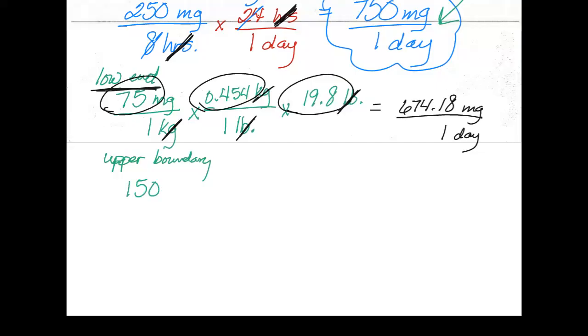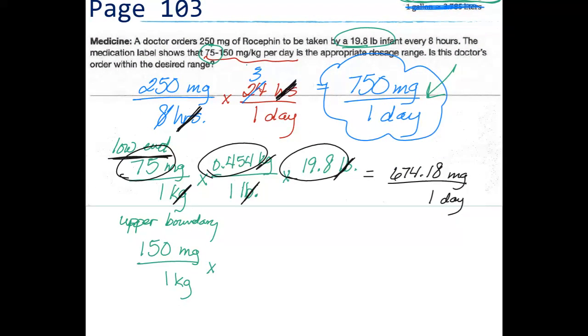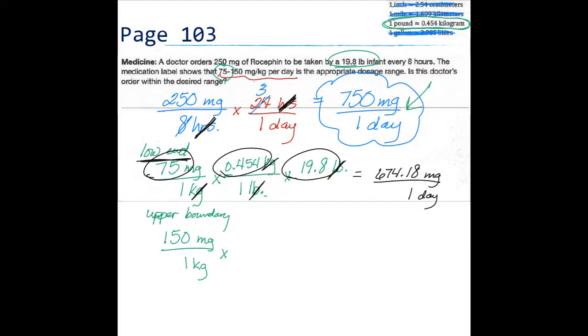150 milligrams per kilogram times this unit ratio or equivalent ratio, which is still the same because there are 0.454 kilograms in a pound. We're still talking about the same size baby.